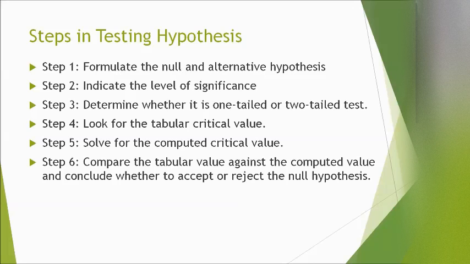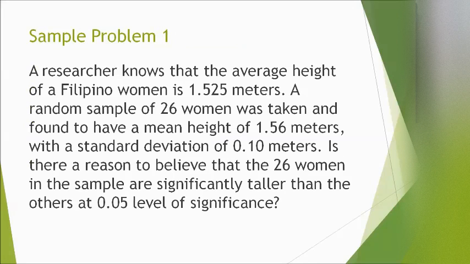Okay? For you to understand the steps, let's apply this to a given example or problem. Moving to sample problem 1, we're going to apply the 6 steps in hypothesis testing. A researcher knows that the average height of a Filipino woman is 1.525 meters.